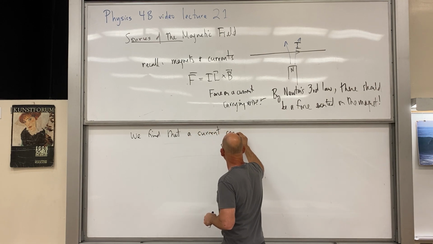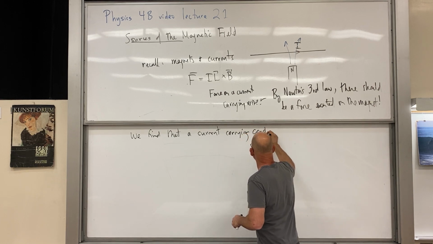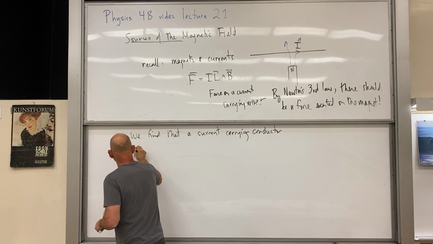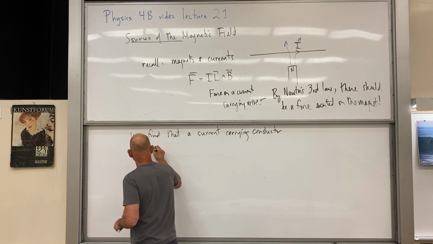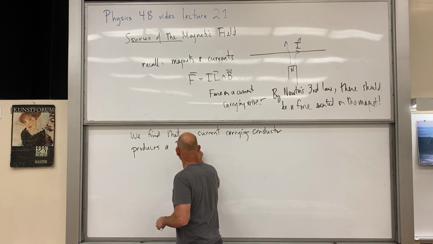Current carrying conductor produces a B field. And we have to write the formula down for that magnetic field.